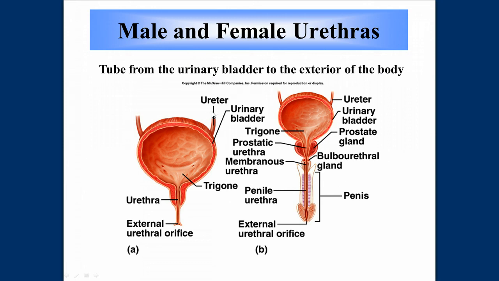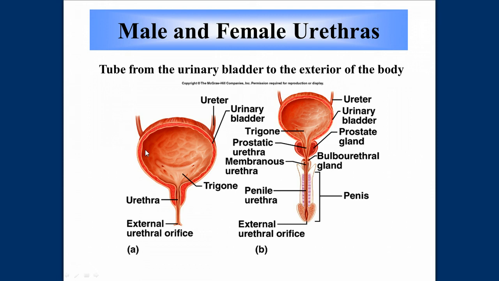Okay, so here's the ureter. The ureter comes into the bladder in the lower, inferior portion on either side, and here's the urethra. This area where the ureters come in and meet up with the opening of the urethra is called the trigone. It's an actual structure where the orifice of the ureters meets up with the orifice of the urethra.